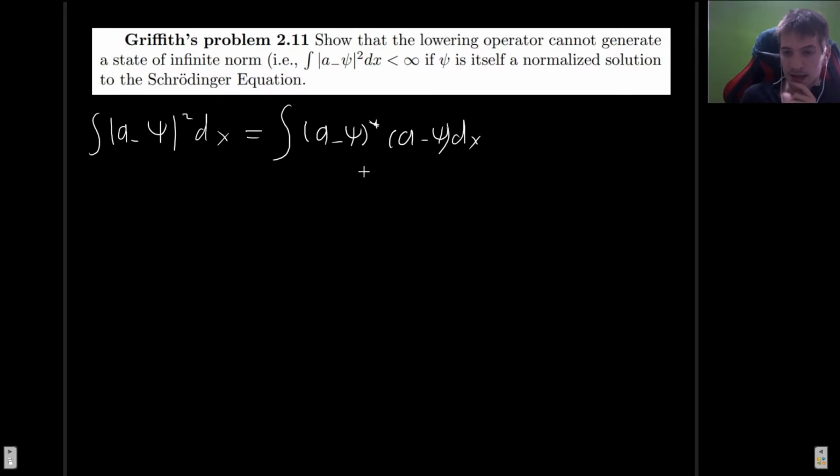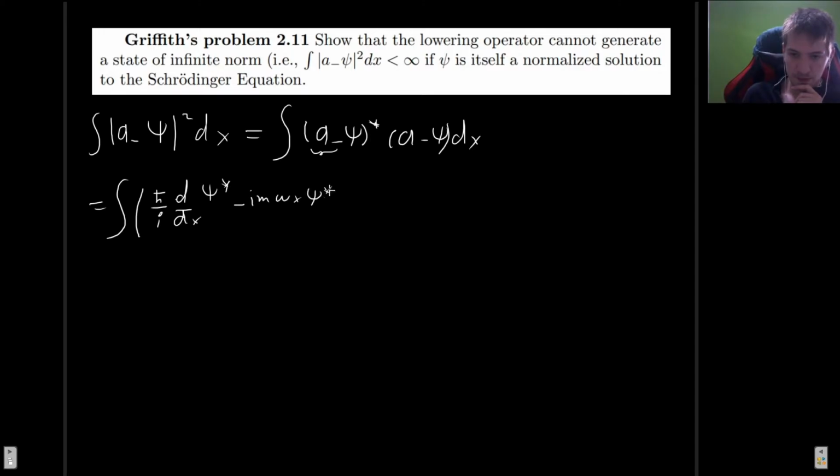dx. So now let us write for this A minus the definition of the operator, but it's going to be conjugate. Okay, so the operator is going to be h bar divided by i, and I'm going to conjugate it in a few seconds, d by dx of psi conjugate, it's going to be minus i m omega x psi conjugate.